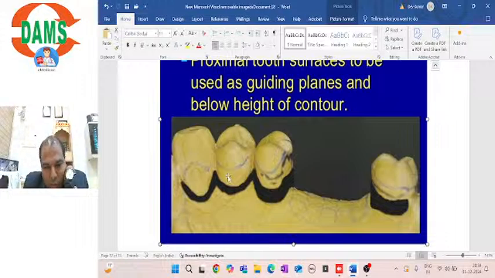Whenever you are blocking the undesirable undercuts in the path of insertion, let it be your interproximal areas, let it be your deep interproximal areas, let it be the rigid portions coming in contact with the teeth and tissues, and also below the guide planes, these will help in deciding the path of insertion. These are blocked out parallel to the path of insertion, so they are called parallel blockout.